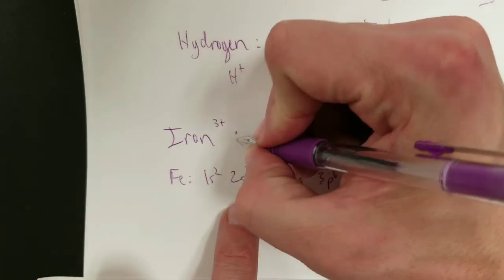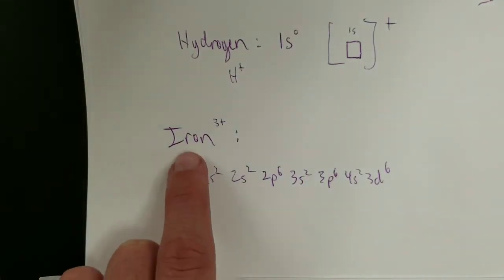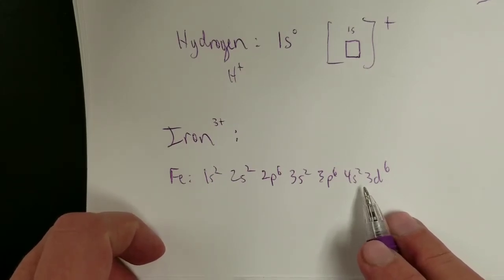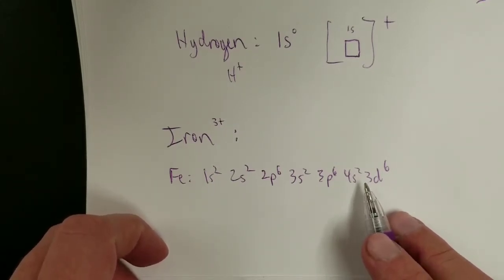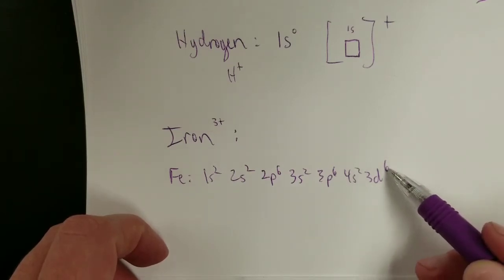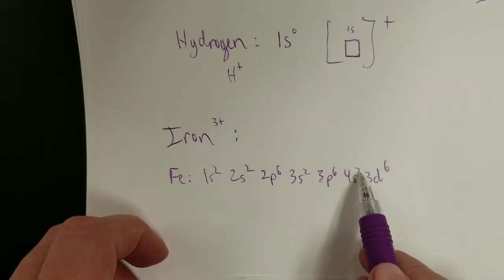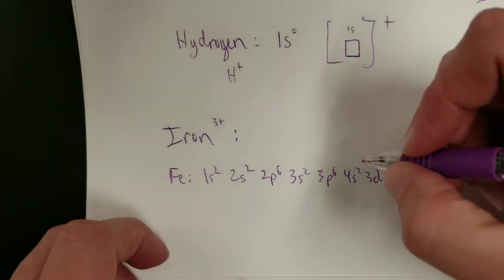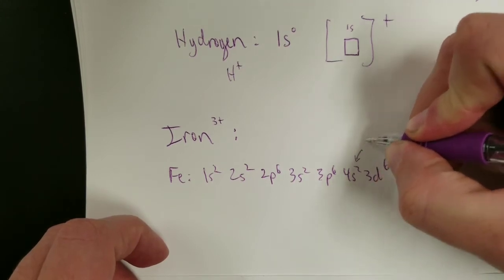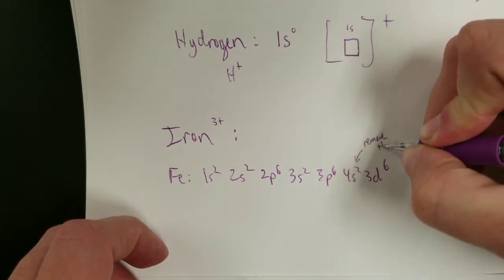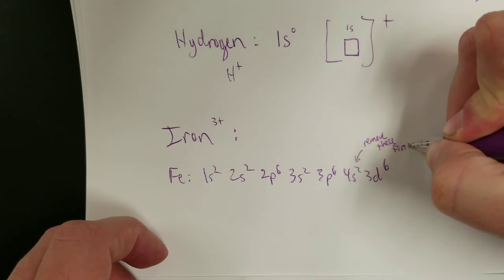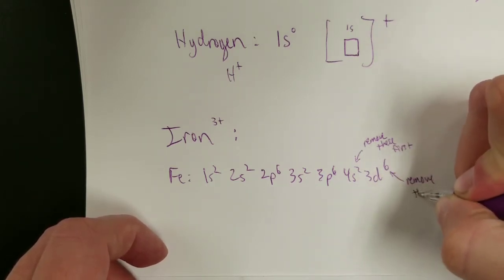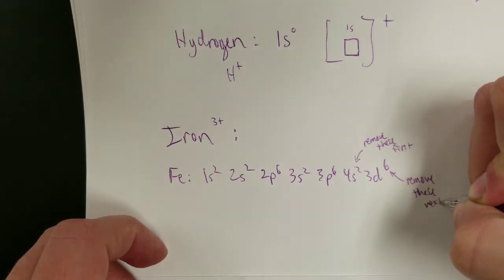Okay, here's the kicker. If you're going to take electrons out of iron, they come out of the highest numbered orbital first. So they don't come out of the 3d first, they come out of the 4s first. I remove these first, then remove these next.